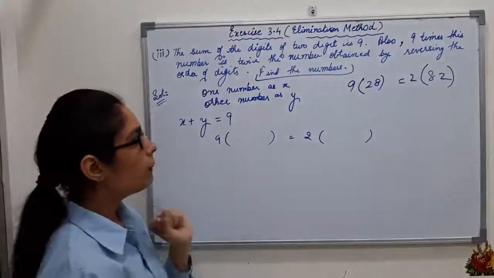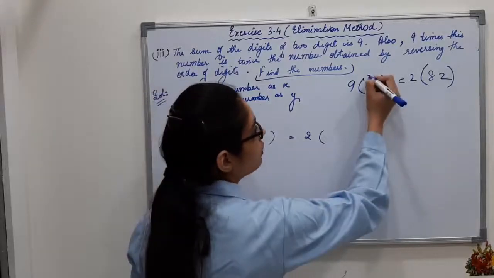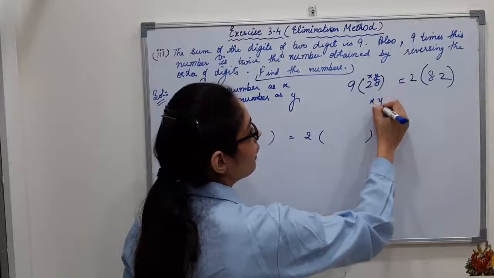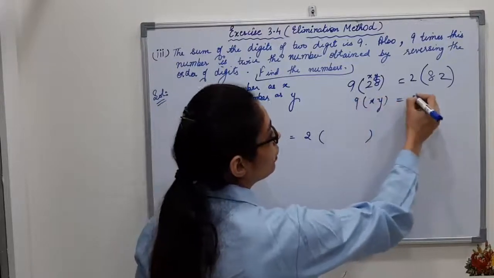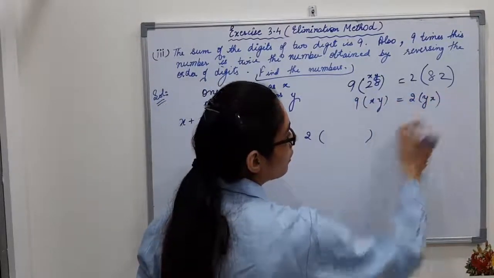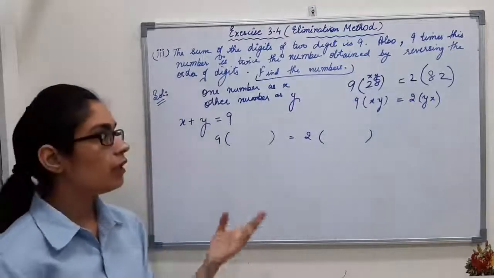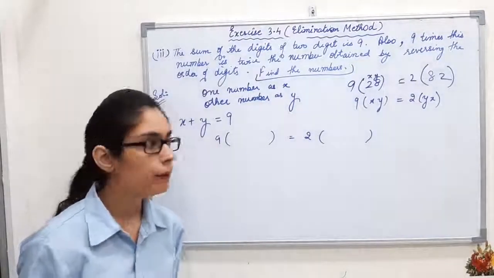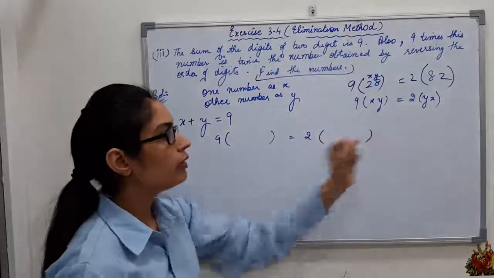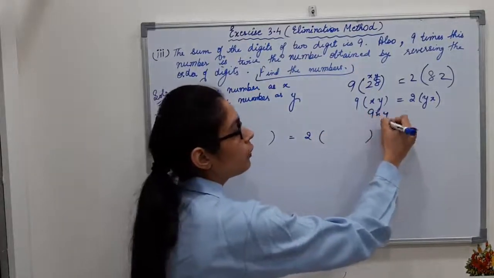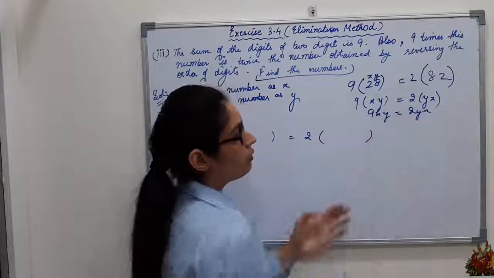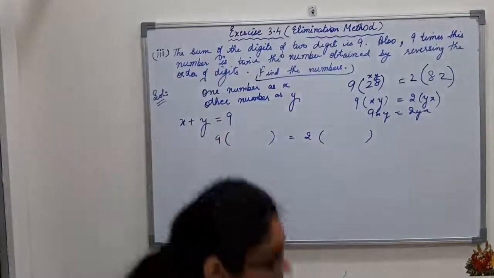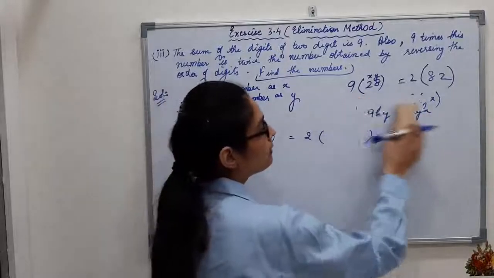So my 2-digit number, if this is my x and this is y, I should not write it like xy, 9 times xy is equal to 2 times yx. It won't be the same thing, because I have to make the equations in 2 variables. If I make the equation this way, it will be 9xy is equal to 2yx. What is the difference? No, xy and yx both are the same. So how to write these numbers?